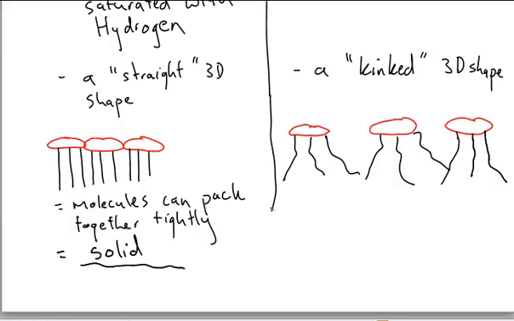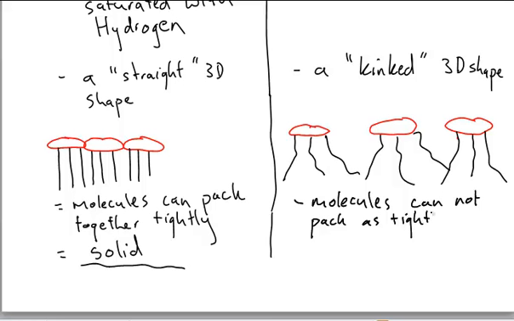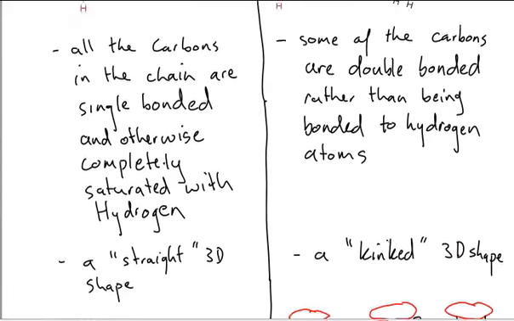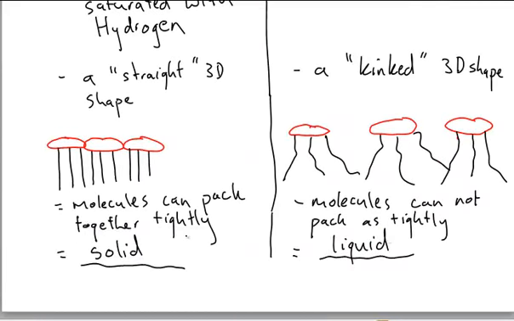And when things are packed more loosely, so the molecules cannot pack as tightly, they are more likely to be a liquid. And this is why when we talk about fats, they tend to be saturated. And when we talk about oils, they tend to be unsaturated.